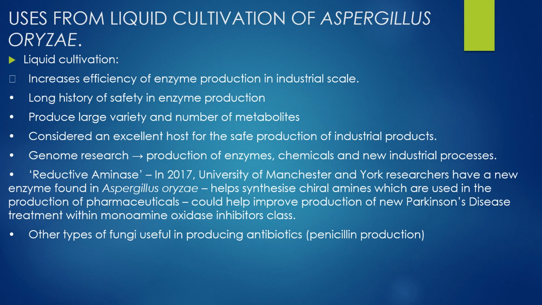This helped synthesize chiral amines, which are used in the production of pharmaceuticals, which could have helped improve the production of new Parkinson's disease treatment with a monoamine oxidase inhibitors class. Other types of fungi are useful in producing antibiotics, such as penicillin.